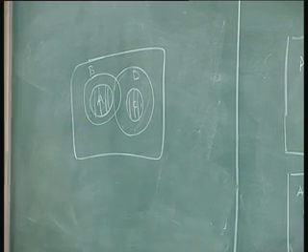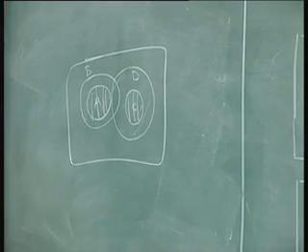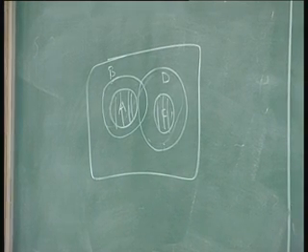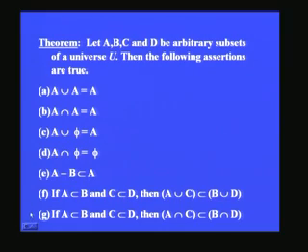We can see that A union C is contained in B union D. These are not very difficult to visualize. And similarly, if you have A contained in B and C contained in D, then A intersection C is contained in B intersection D.